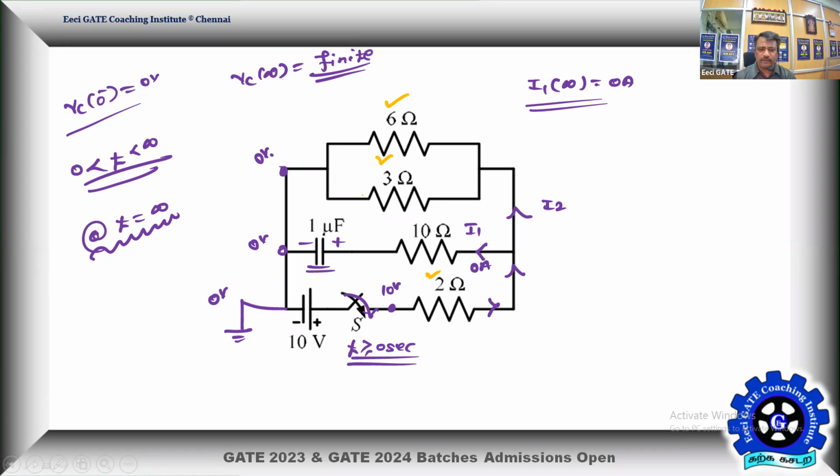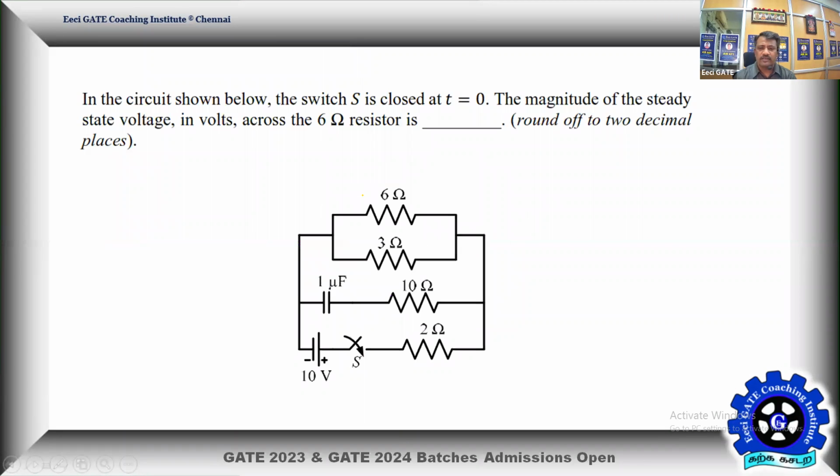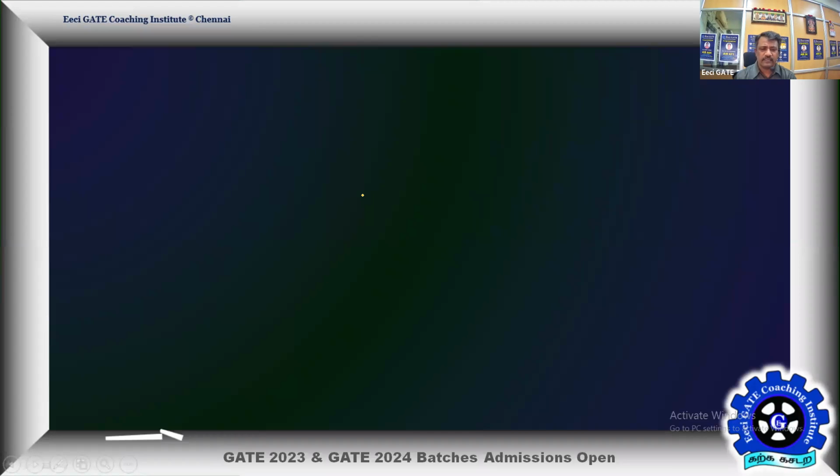So what do we need to find out? We need to find the value of the voltage across the 6 ohm resistor. Then the equivalent circuit is going to be this. We have a 6 ohm resistor and a 3 ohm resistor.